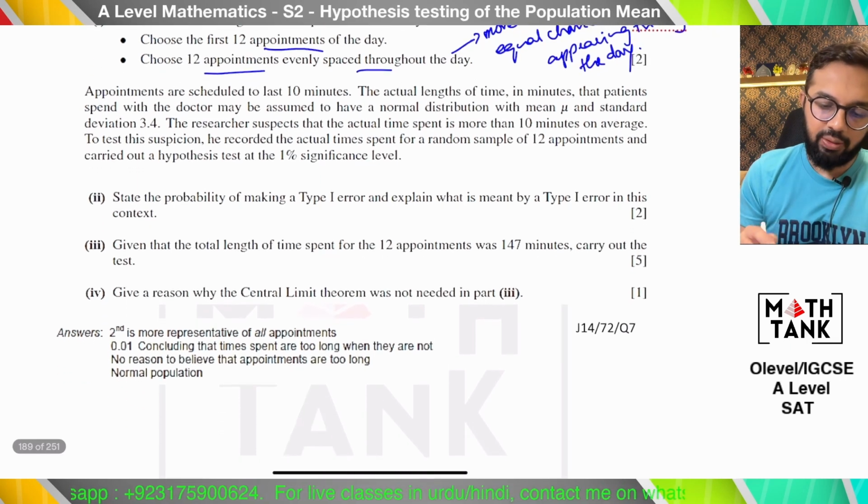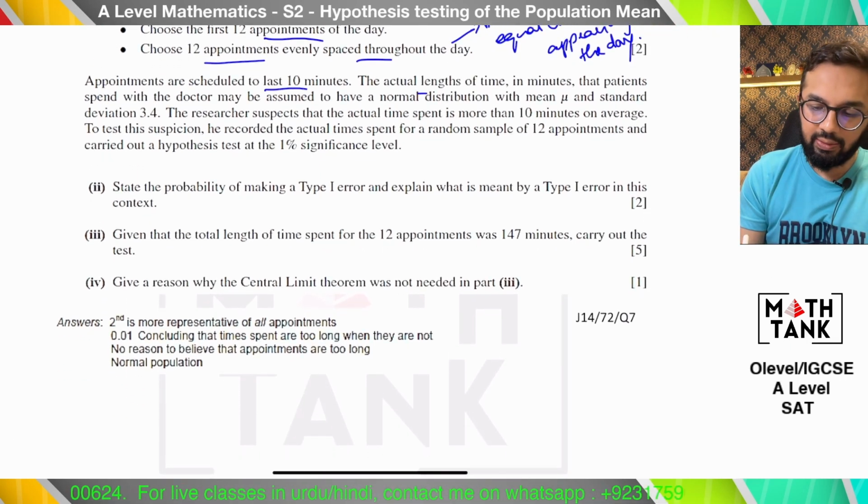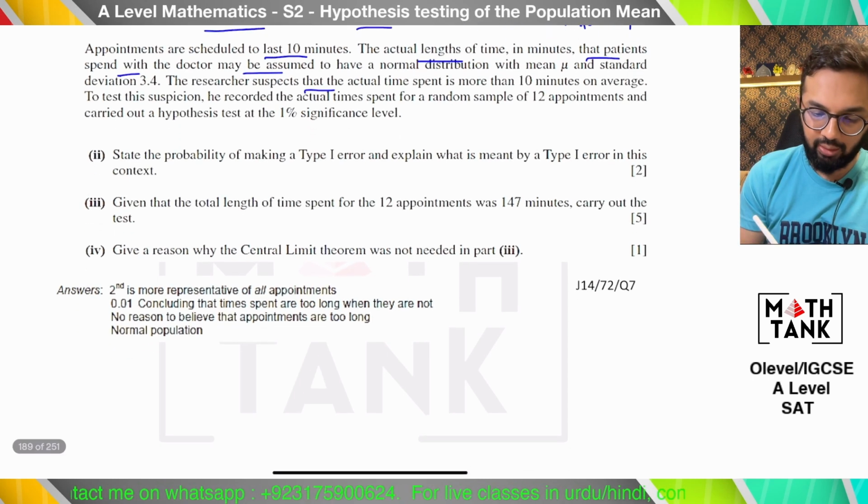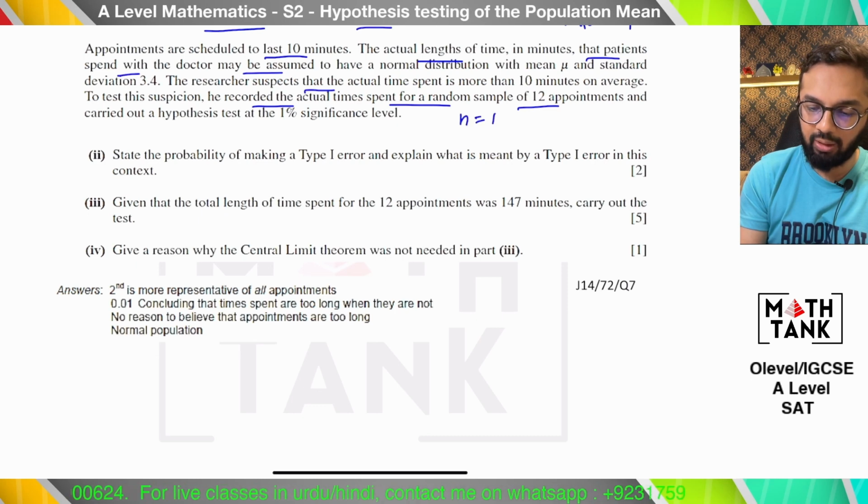Okay. Appointments are scheduled to last 10 minutes. The actual length of time in minutes that patients spend with the doctor may be assumed to have a normal distribution with a given mean and standard deviation. The researcher suspects that the actual time spent is more than 10 minutes. To test the suspicion, he recorded the actual times for the random sample of 12 appointments and carried out a hypothesis test at the 1% significance level.